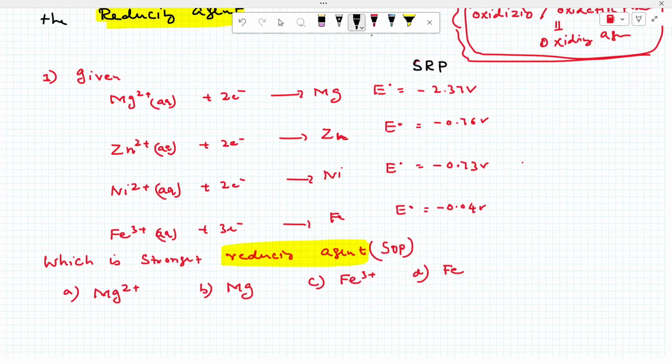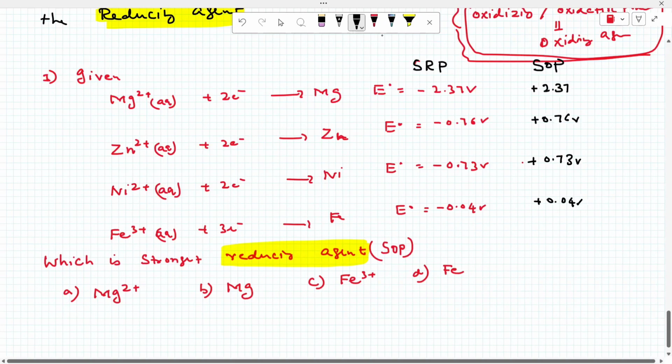The SOP value of magnesium is plus 2.37. Yes or no? This is plus 2.37 SOP. The others are plus 0.76, plus 0.73 volt, and plus 0.04 volt.